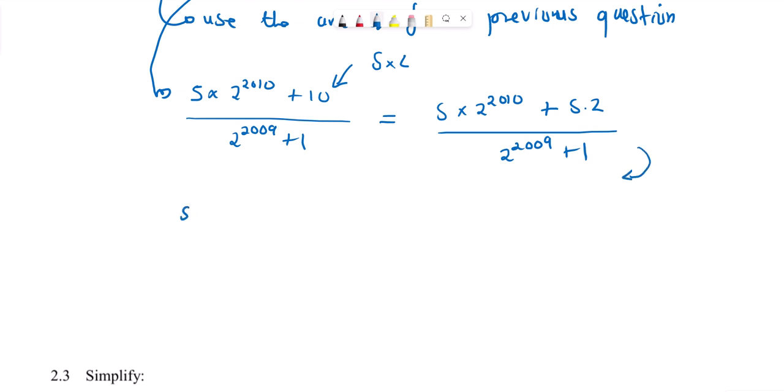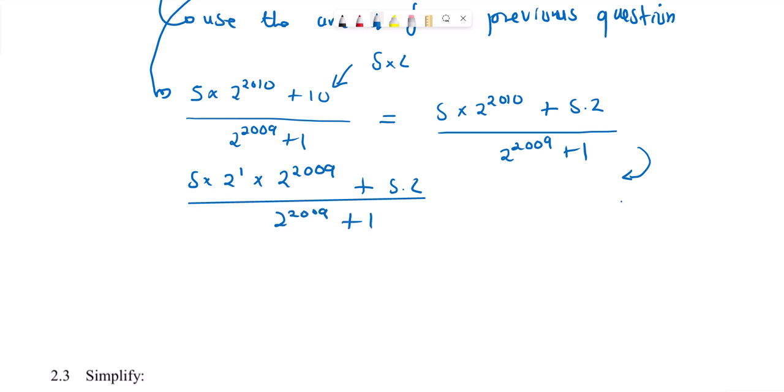Then we can say 5 times 2 times 1 times 2 to the 2009, plus 5 times 2, over 2 to the 2009 plus 1.